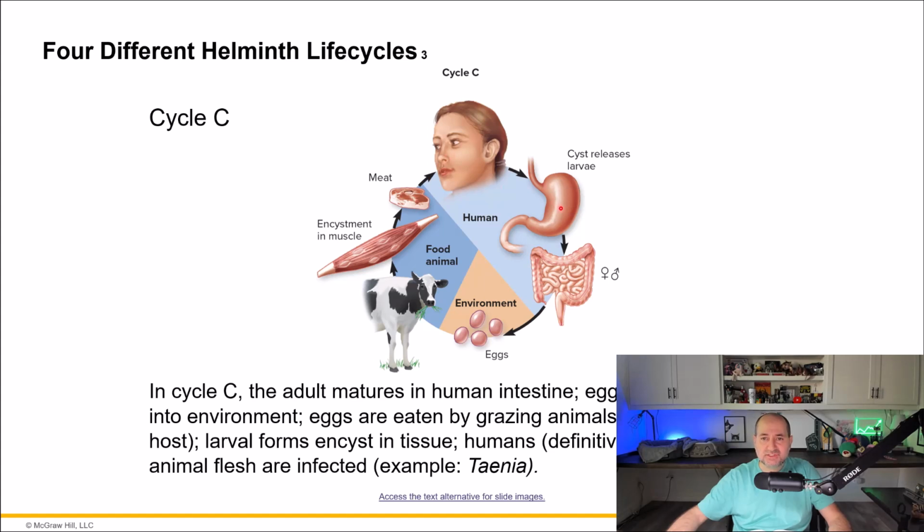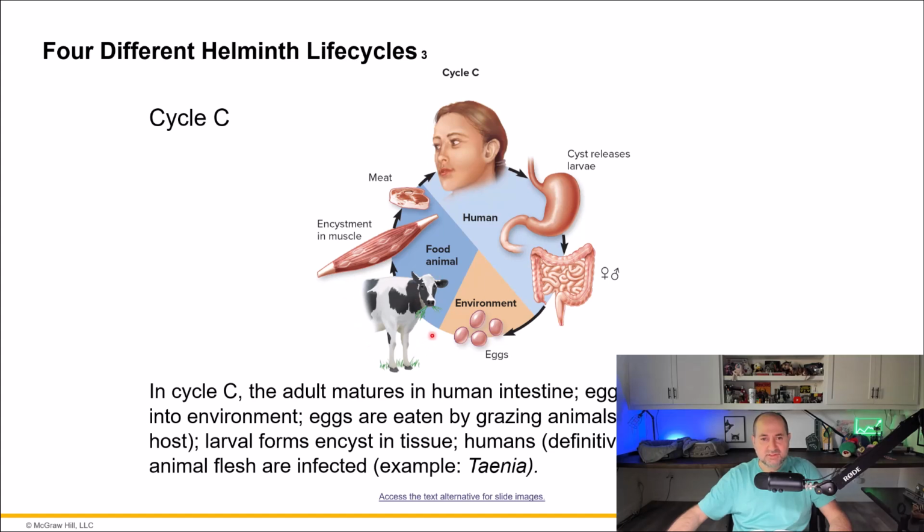Those cysts are released by the stomach acids. The stomach acids cause the cyst to open up. The larvae then enter the intestines, and those tapeworms attach to the intestinal lining. Those tapeworms produce fertilized eggs. The eggs are released into the environment and are eaten by grazing animals such as cows.